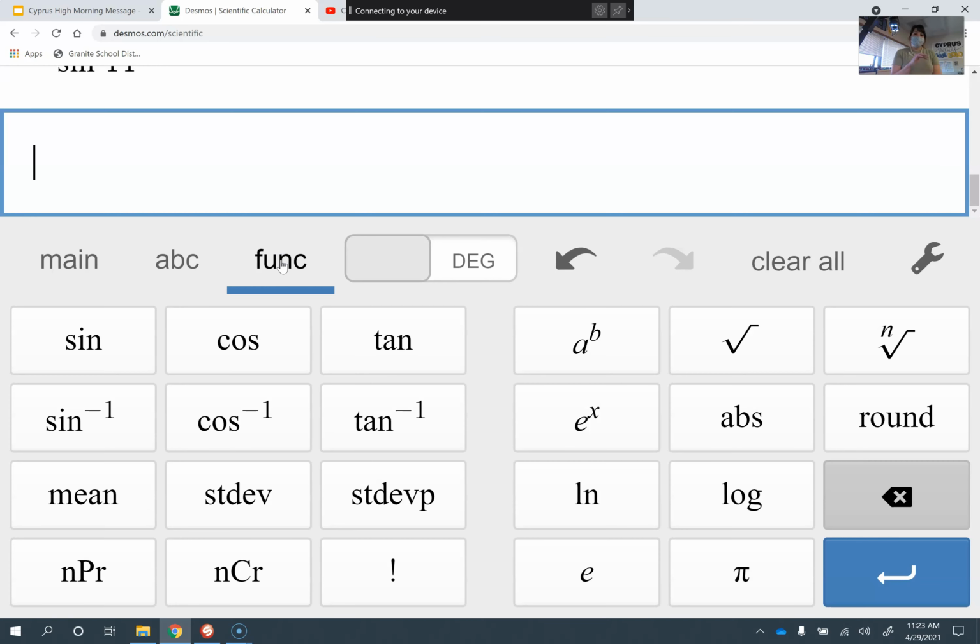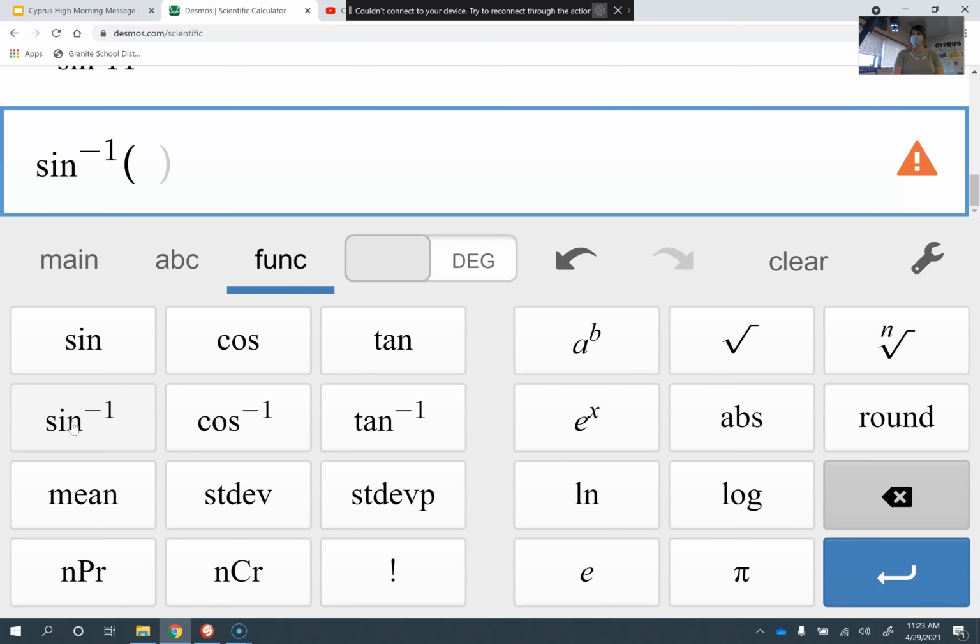When you hit that, the first three boxes that you should see are sine, cosine, tangent. And then the next three boxes that you should see are sine to the -1, cosine to the -1, tan to the -1. Can you guys see that? Okay, so hit the sine inverse.